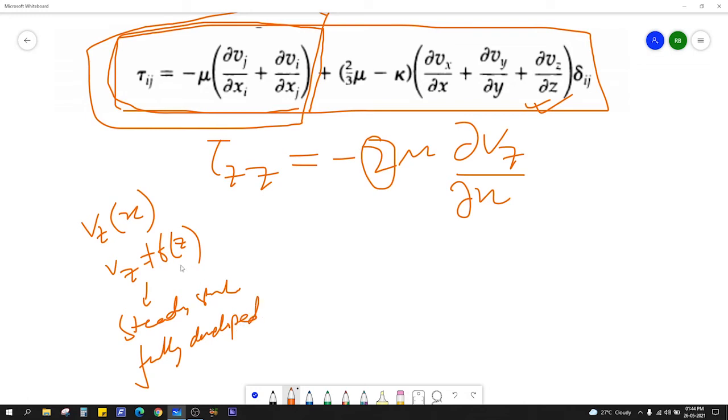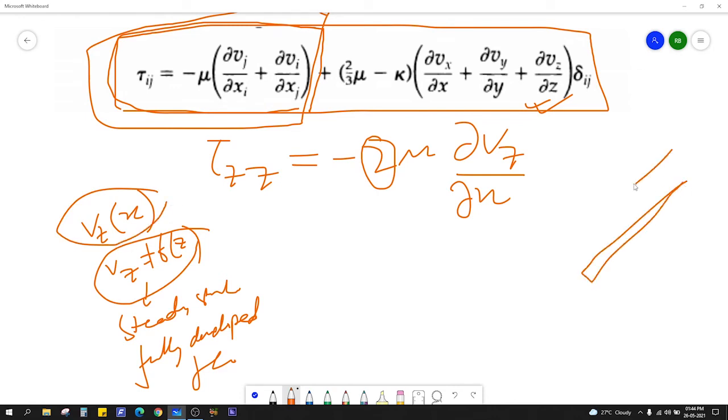So there is no dependence of the flow profile on time. The equilibrium has already been achieved. The velocity was flowing in this direction, and it was a function of this perpendicular direction x. So in that we encountered this one, right?